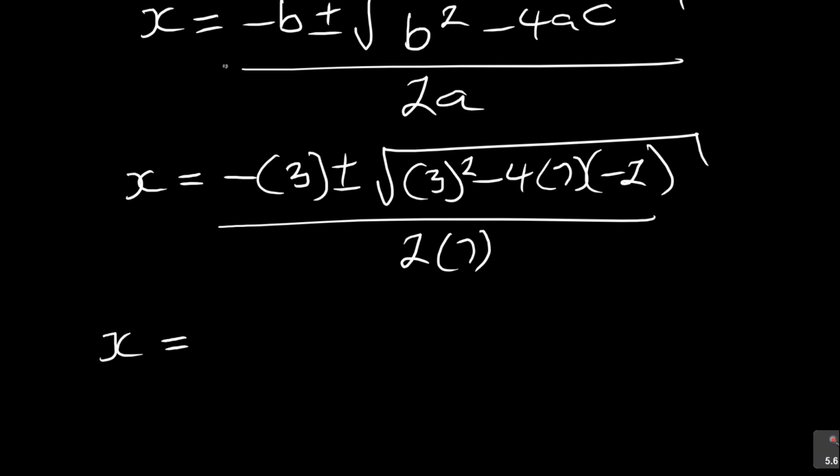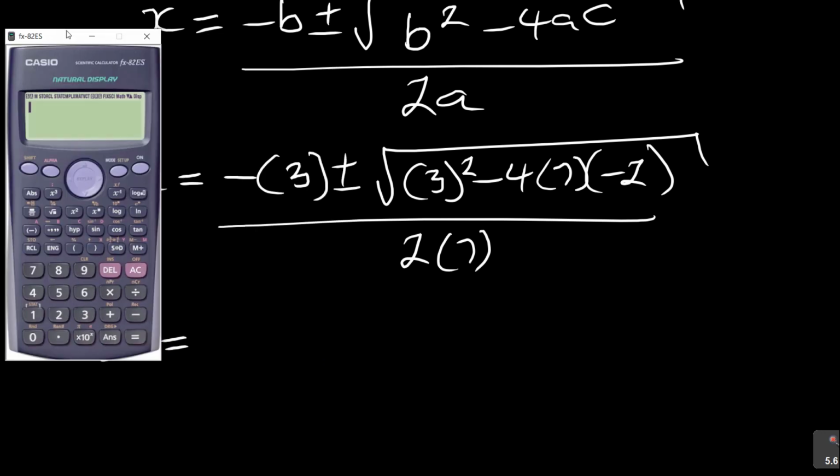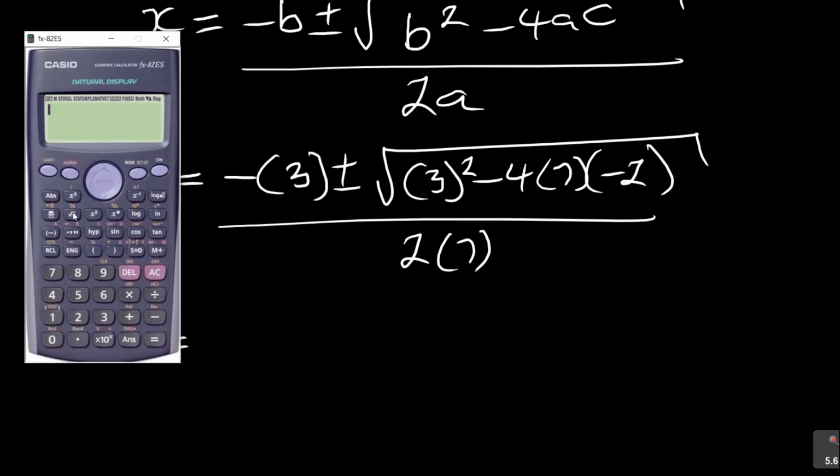Now the calculator. At this stage, whenever they say round off to 2 decimal places, just know it's not going to be easy to use it without the calculator. -3, start with the plus, square root of bracket 3 squared minus 4, a is 7, c is -2, all over 2, 7.